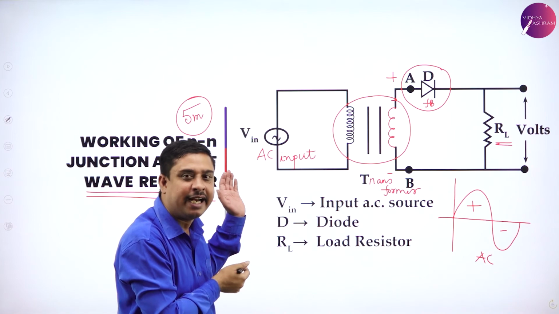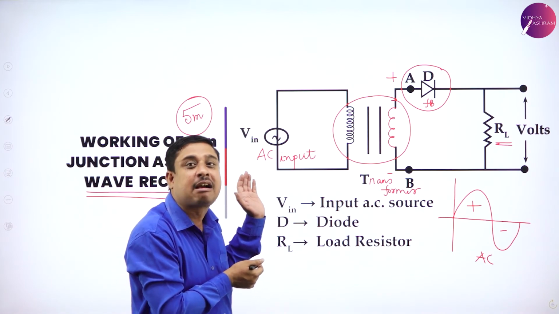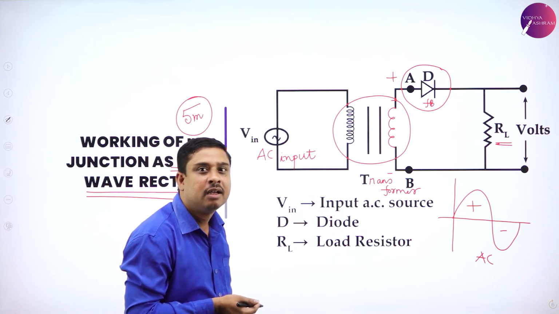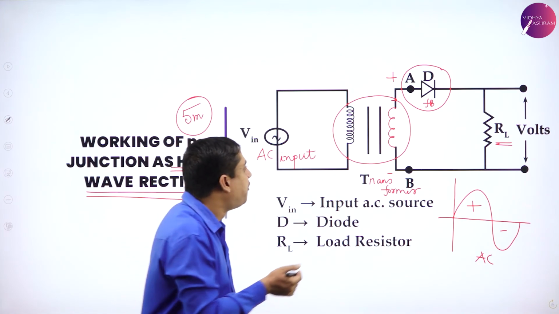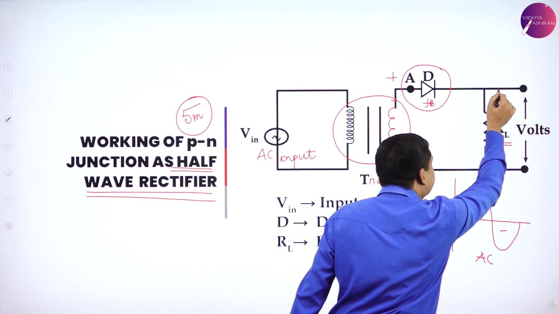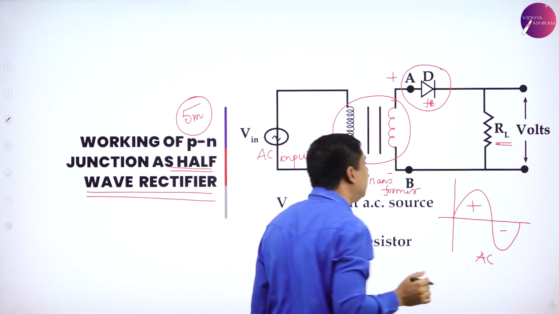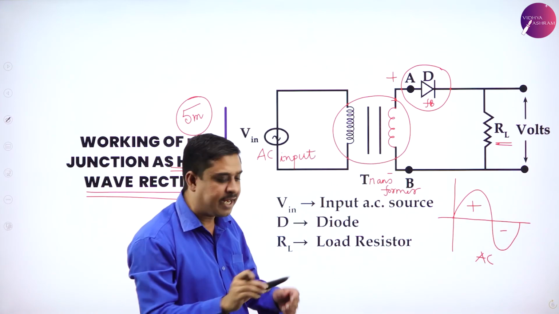And as you studied before, when it is forward biased, there is conduction. The current flows through the load resistor. It is measured as output here and it is rectified.